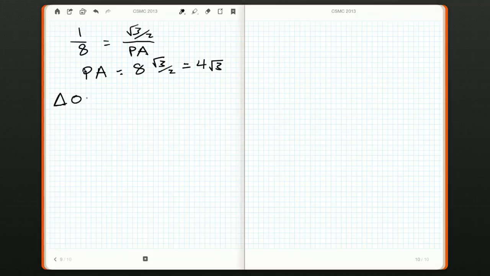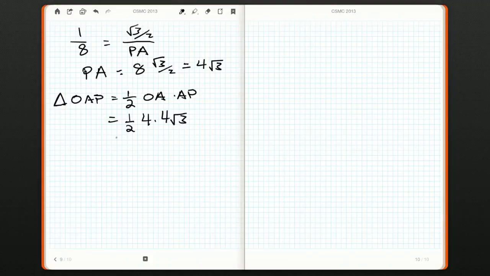Now, triangle OAP, we already said it's 1/2 base times height. That's 1/2 OA, we know that's 4. And then we have 4 root 3 right up here with the PA. So 1/2, that's 16, so that's 8 root 3.